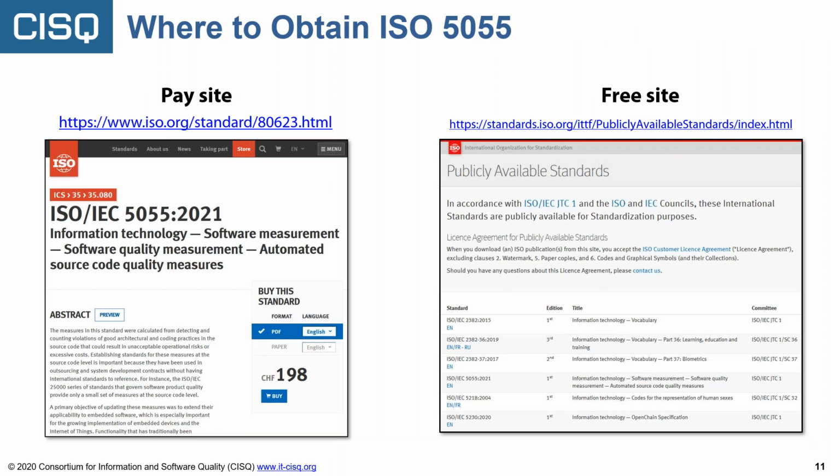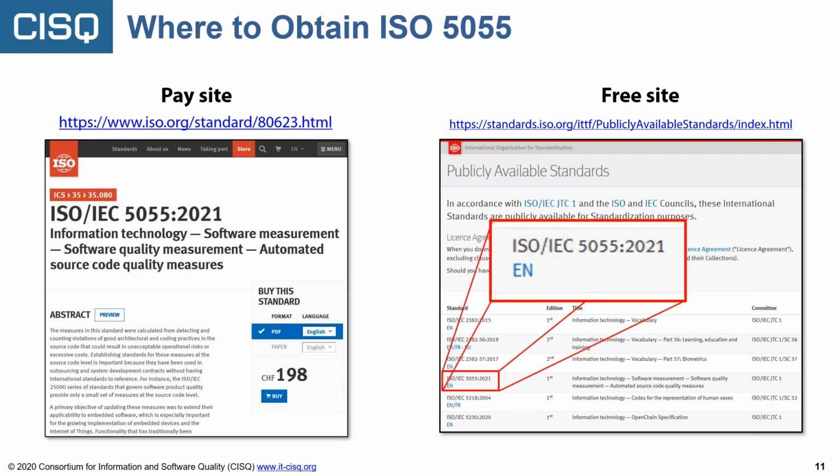There are two ways to obtain ISO 5055. One is you can go pay for it. It's 198 Swiss francs, and there on the left you see the official ISO URL and website where that's located. However, ISO also provides that standard for free. Because it was a publicly available standard, it appears on their publicly available standards website, and you can go on that website and look for ISO IEC 5055:2021.